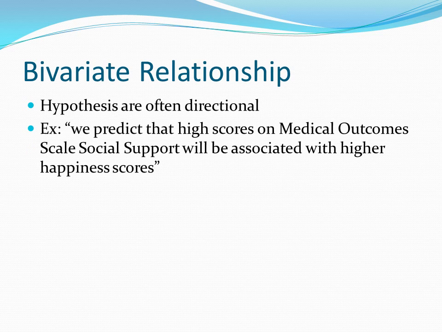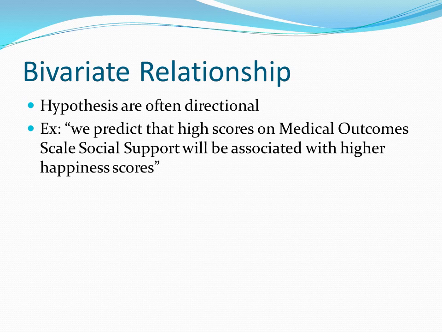And this is what I said early on: the hypotheses are usually going to be directional. The example the book looks at is, we predict that high scores on the medical outcomes scale of social support will be associated with higher happiness scores. So they're looking at whether the scores on this medical outcomes social support scale, if higher, are probably going to be associated with a higher happiness score.